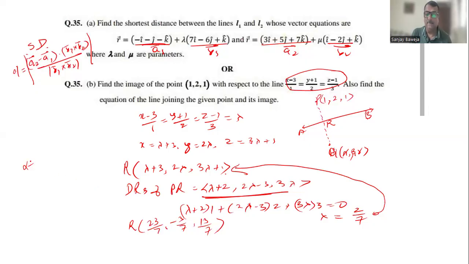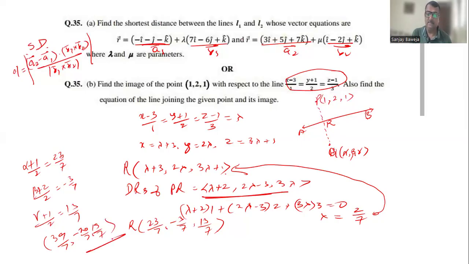So alpha plus 1 by 2 is equal to 23 by 7, beta plus 2 by 2 is equal to minus 3 by 7, and gamma plus 1 by 2 is equal to 13 by 7. This will give you the coordinates of Q, alpha, beta, gamma, as 39 by 7, minus 20 by 7, and 19 by 7. So this is the final answer of the question.